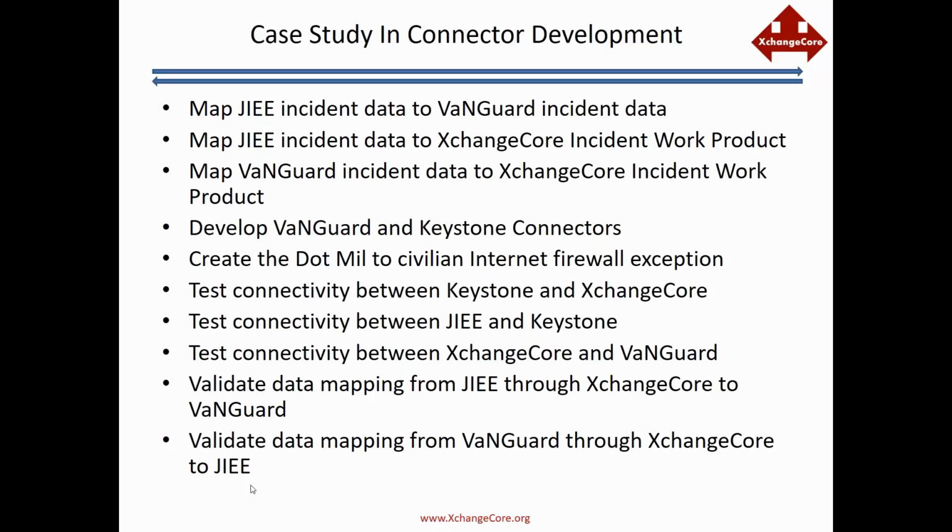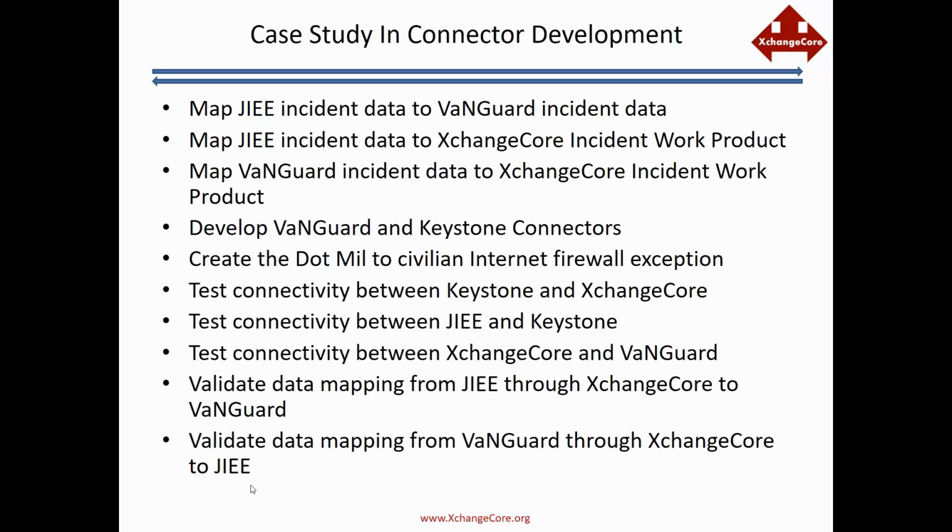Figured out what the common data elements were, like I just described in the content standard, and where the unique elements were. Then you take that JIEE information and map it to the XchangeCore NEAM incident work product. What goes into NEAM standard data formats and what's left over there.